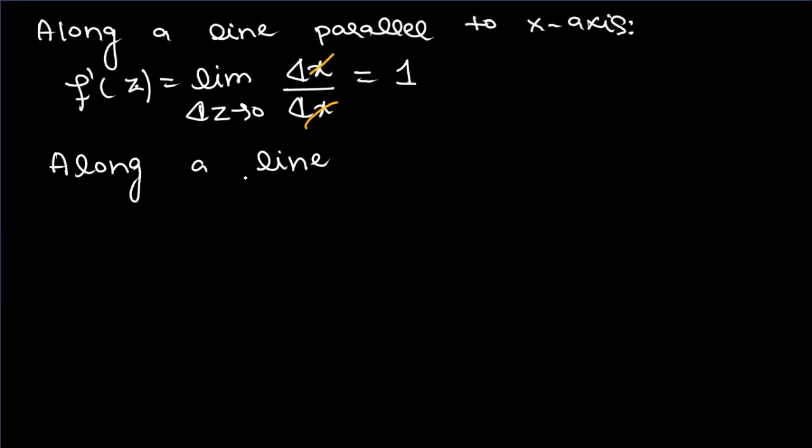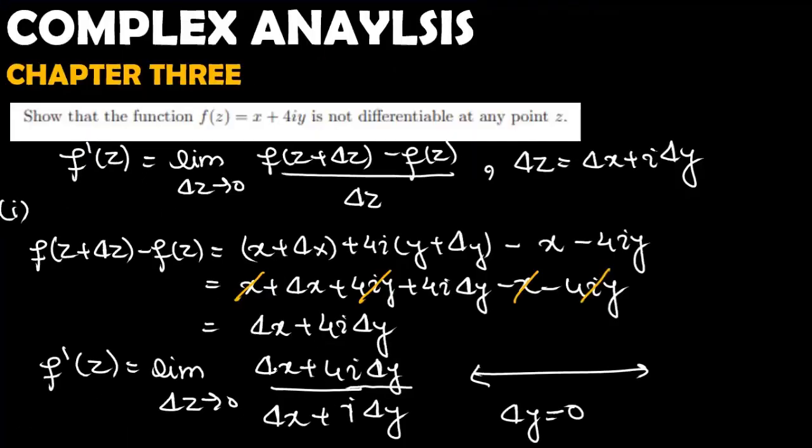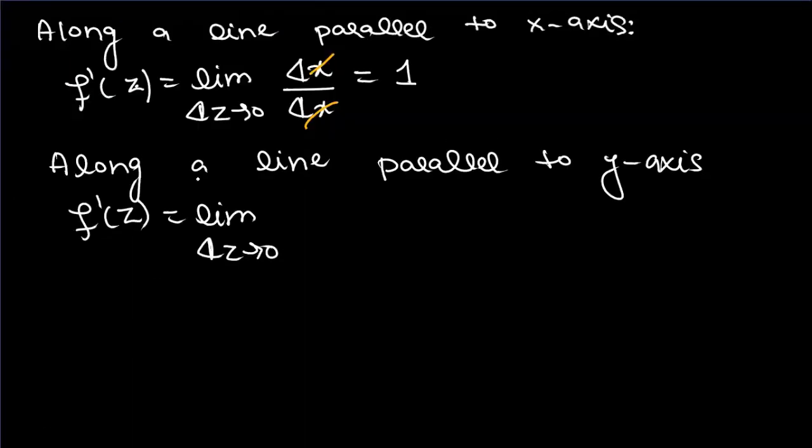Now we are going to check the function along the y-axis, or the imaginary axis, or along a line parallel to the y-axis. We know that along the imaginary axis delta x is equal to 0. We take only the value of delta y, so we write 4i delta y over i delta y. You can check that delta y is cut with delta y, and i is cut by i.